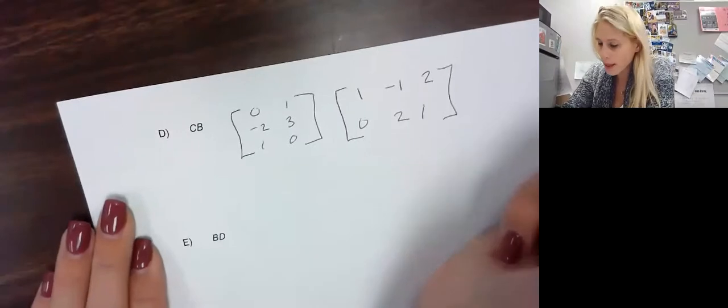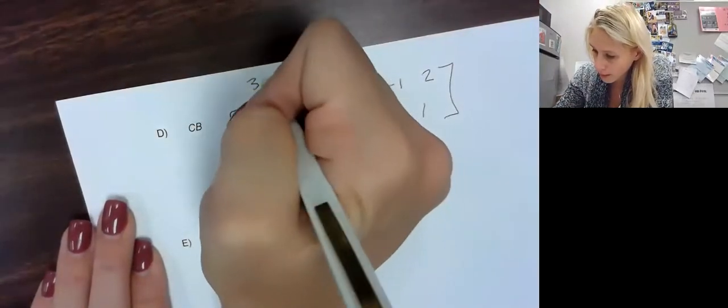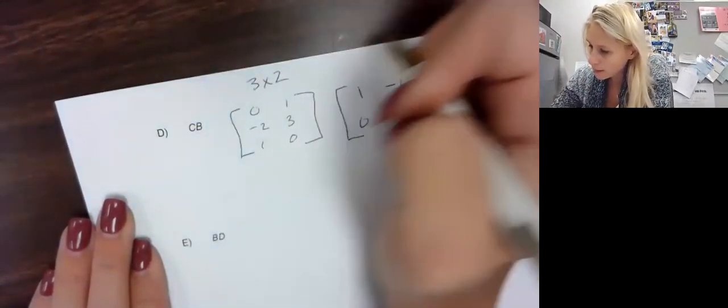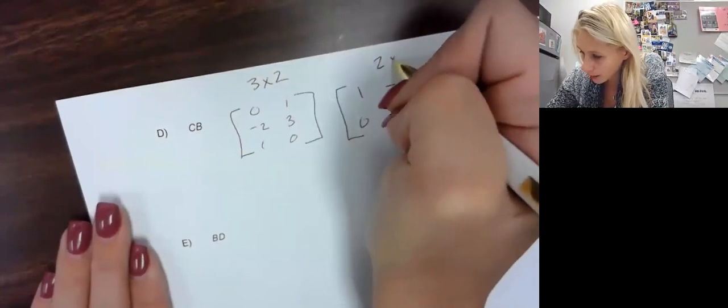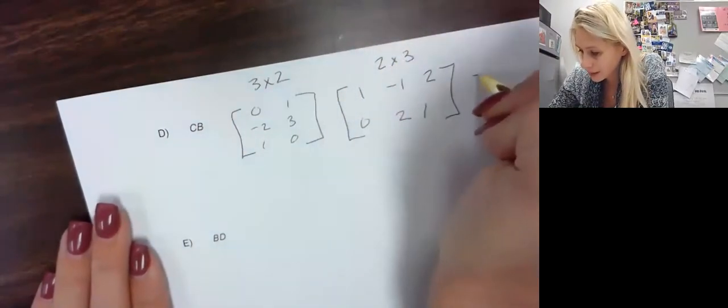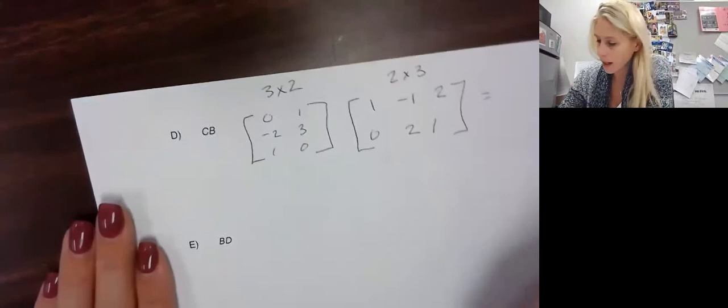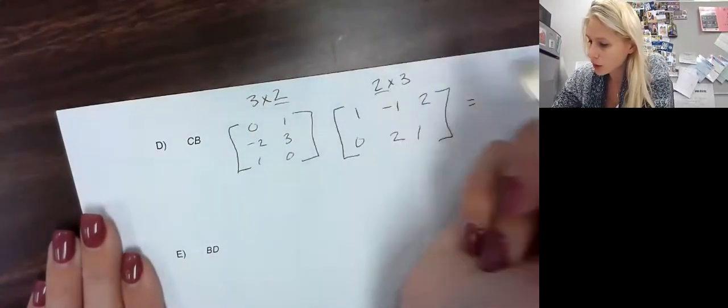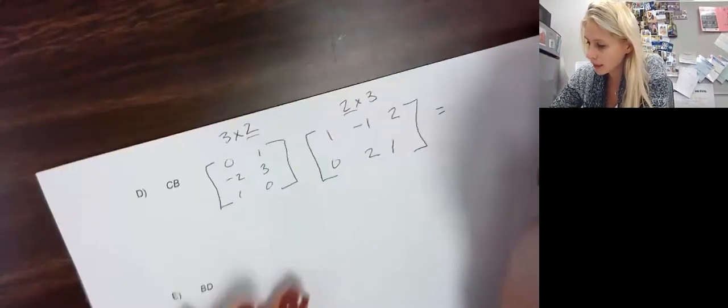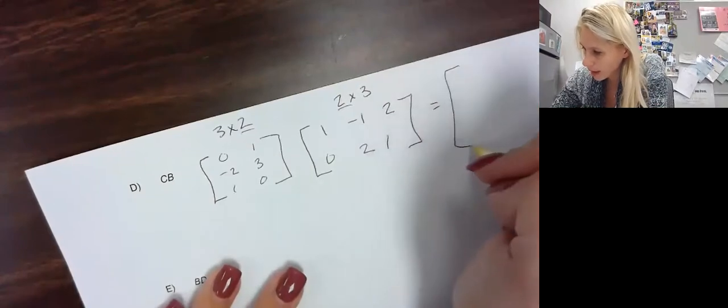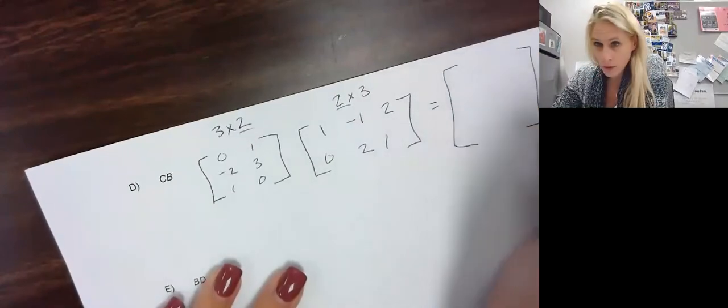Let's look at our dimensions. This is a 3 by 2. This is a 2 by 3, so it does work. Okay, so 2 and 2. So our ending matrix is going to be a 3 by 3.